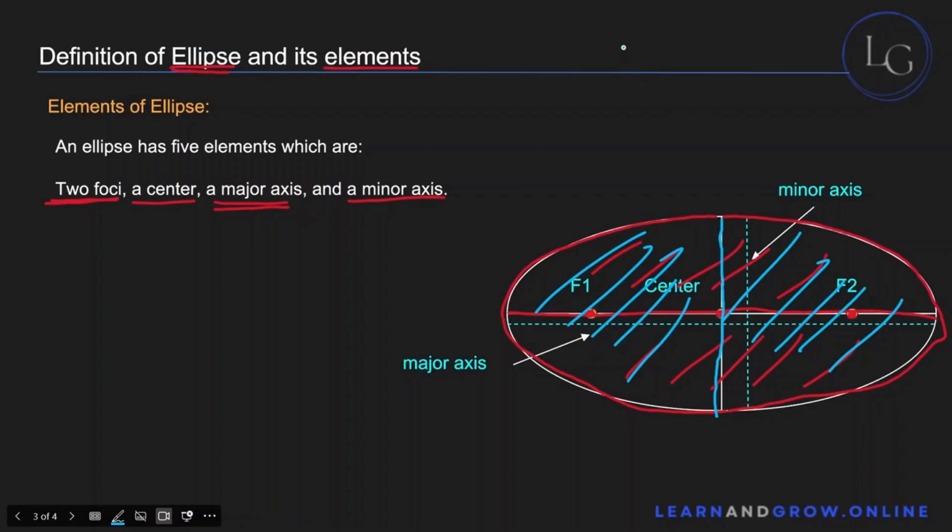Now, an ellipse can be like this as well, in which case the major axis would be this axis and the minor axis would be this axis. So I hope that clears things up.